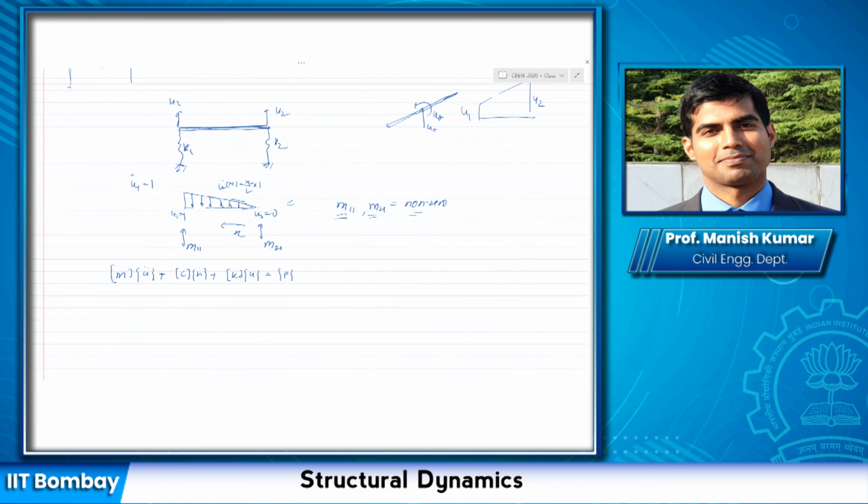Which one to use depends on the problem itself. And as you do more problems, you will become accustomed or expert in determining where to use which. But remember, in general, any type of system can be solved using either of these methods. It might be difficult, but you can employ any of these methods to find the solution.